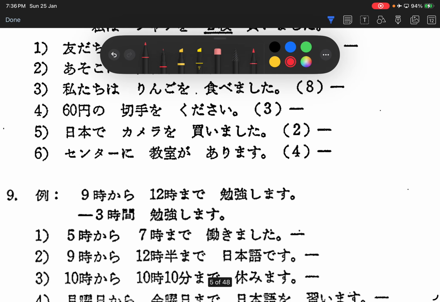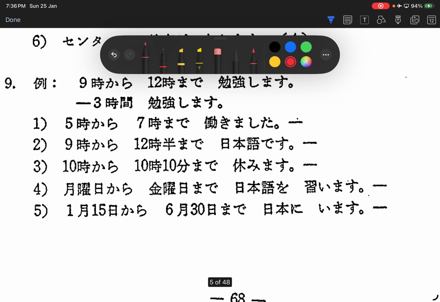Okay, next. Number 9. 9時から12時まで, 3 hours, right? So 3時間勉強しました。 Number 1. 5時から7時まで働きました。 So how many hours? Yes, 2時間. The verb? 働きました。 Very good. So 2時間働きました。 Thank you.